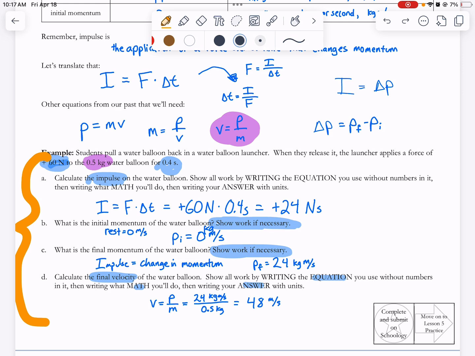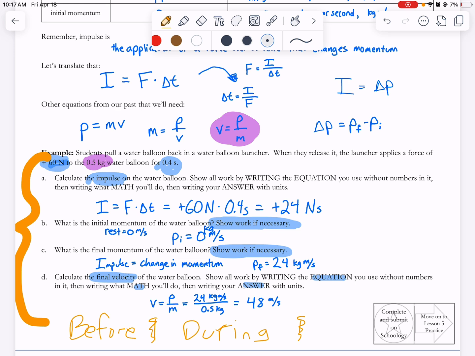So if you make a before picture and write down what you know, and then you make a picture of during, so the actual impulse and what's changing in the force and how long that takes. And then you make some after pictures of the momentum that's after. That can help you really organize the information so that you understand what's happening and you use the right pieces of information to make your calculations.